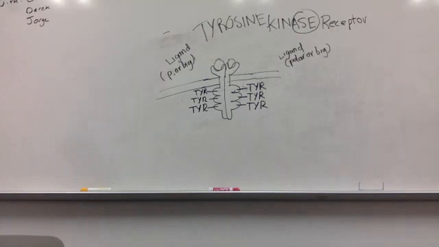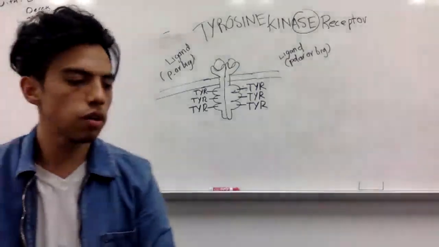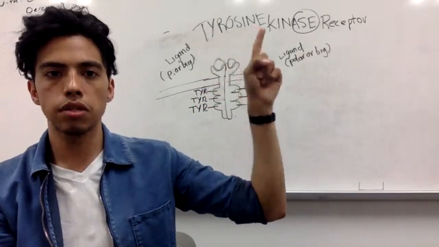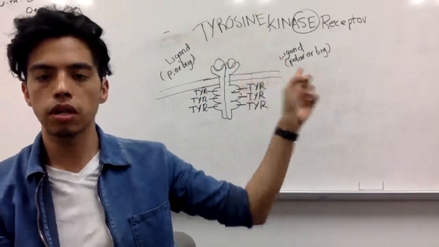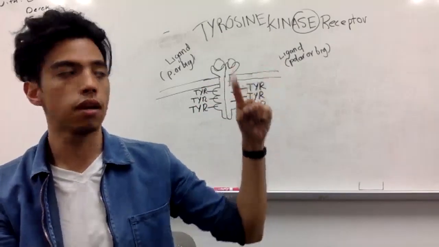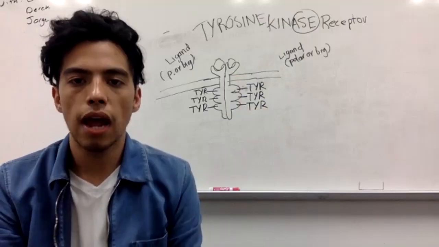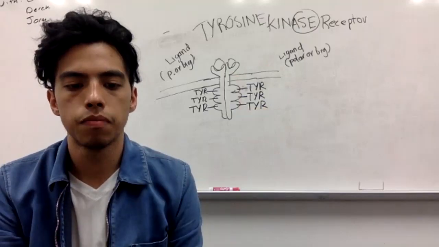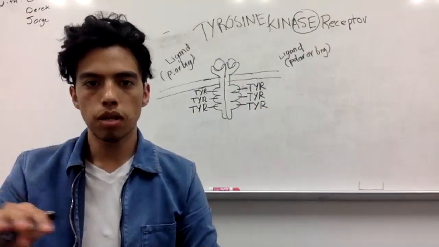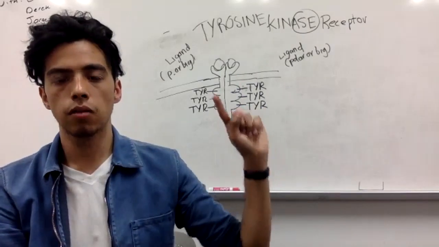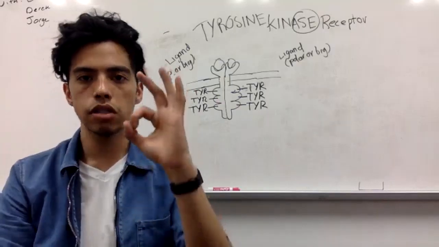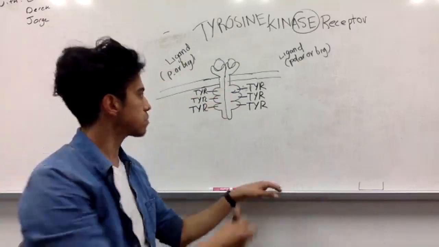the name tyrosine kinase receptor comes from the tyrosines on the bumps of this protein right here. For this receptor to continue the process, these tyrosines, which, if you remember, tyrosine is an amino acid, are going to be phosphorylated.